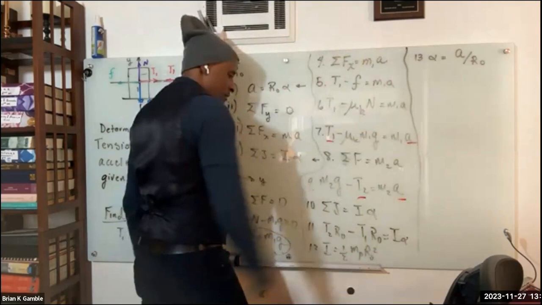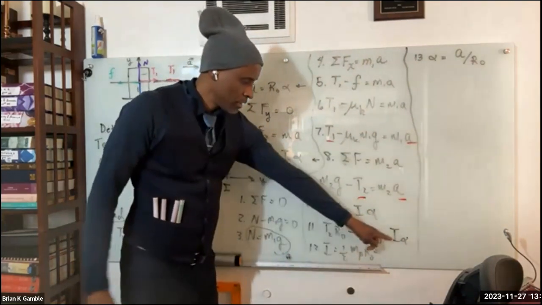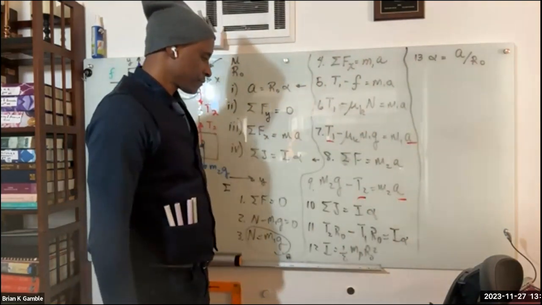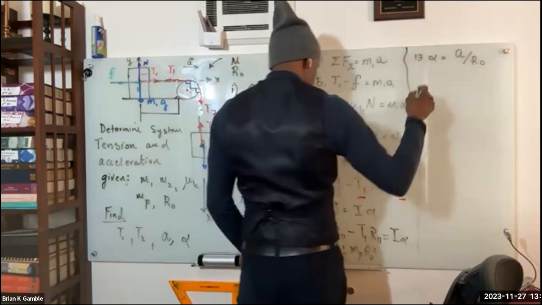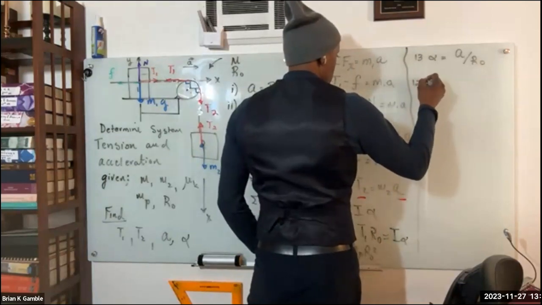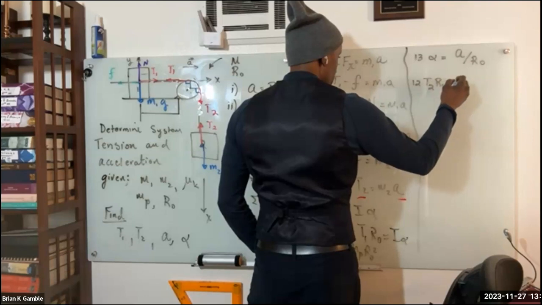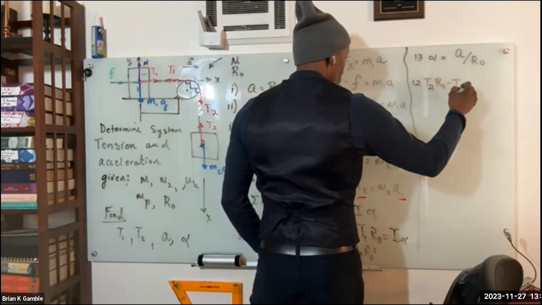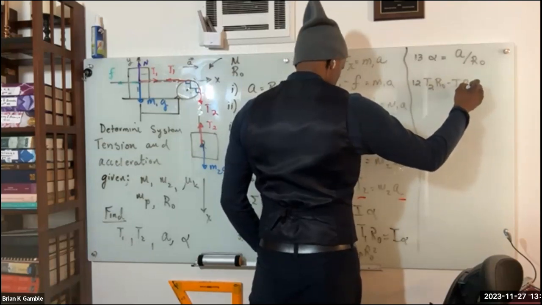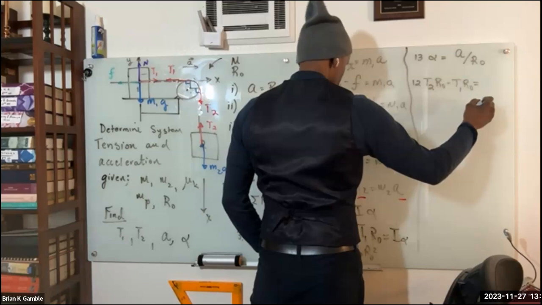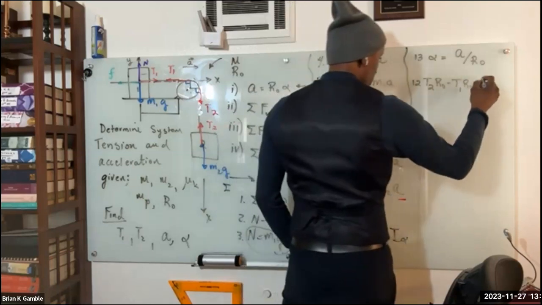So if I substitute 13 and 12 into 11, then this equation becomes T2 times R naught minus T1 times R naught equals 1/2.